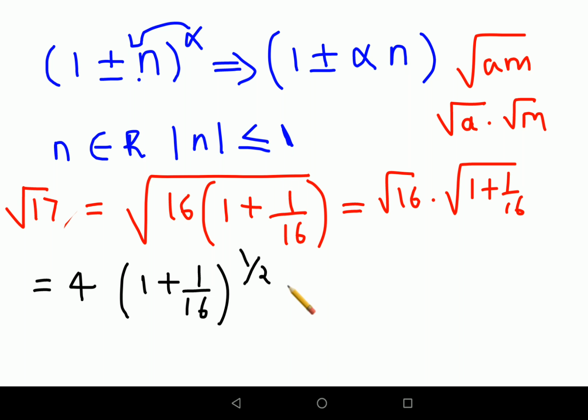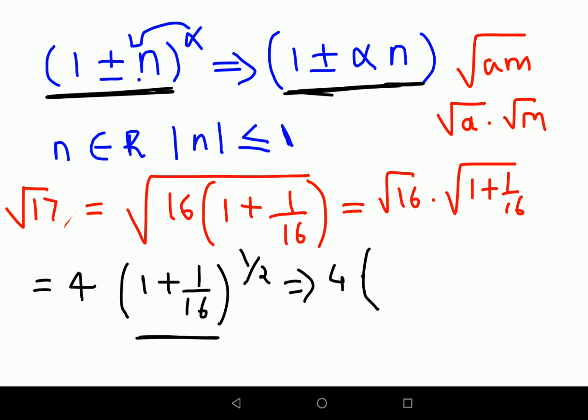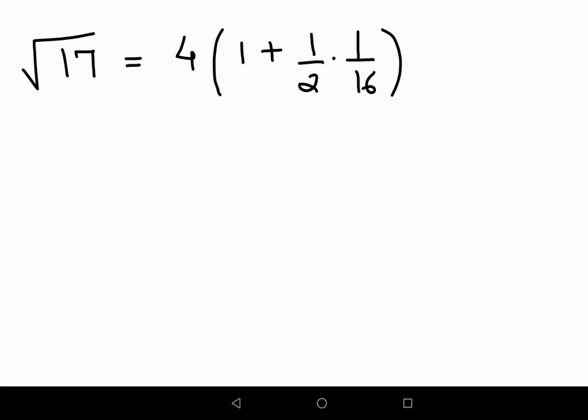So what you get is 4 into, applying this logic because this format is similar to that one, 1 plus 1 upon 2 into 1 upon 16. Now multiply the 4 inside, so we get 4 plus 4 upon 2 into 1 upon 16.